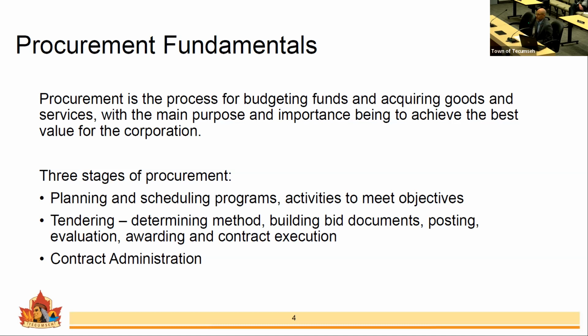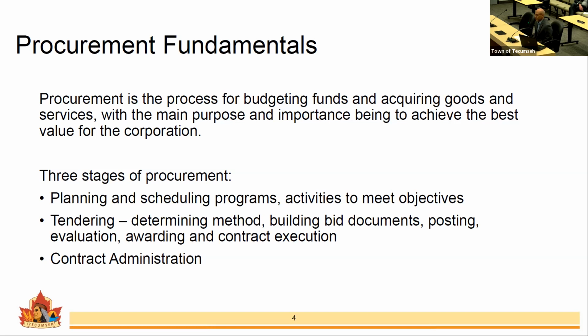So this includes ensuring submissions are complete to spec, costing, which can be complex if considering life cycle costs, and it may include scoring matrices to evaluate creative solutions. Awarding involves notification to the successful bidder, requesting required documents such as certificates of insurance, WSIB clearances, and informing those proponents who were not successful.